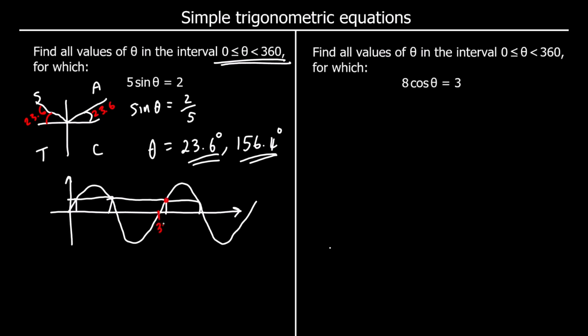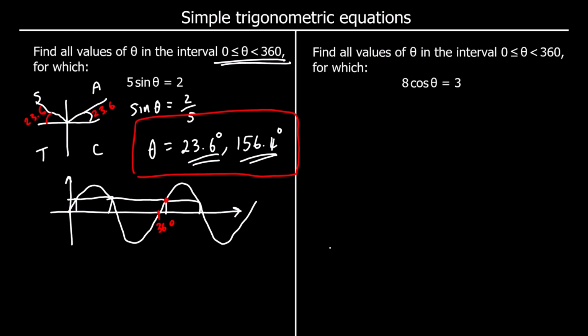This is 360, and then 540 minus 23.6. Or once you get your first two answers, you can just add 360 onto both of them to get the next two answers, or take 360 off both of them to get the ones back.